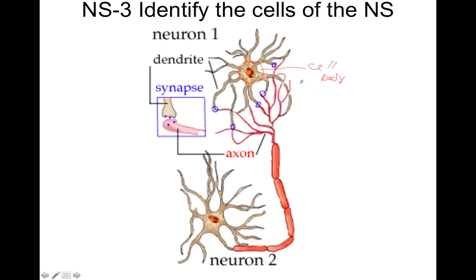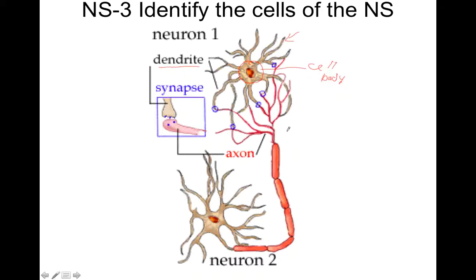The cell body is like the cell body of any other cell. It has a nucleus, it has mitochondria, it has other organelles. So the cell body is just the part you would find in any other cell. And then the dendrites here, all these dendrites, these receive signals into the cell body. So these receive signals from somewhere else and send them to the cell body.